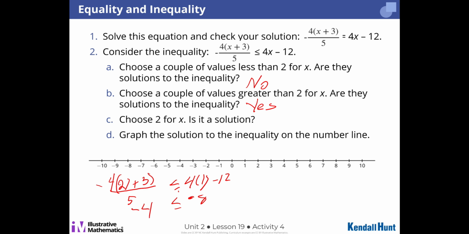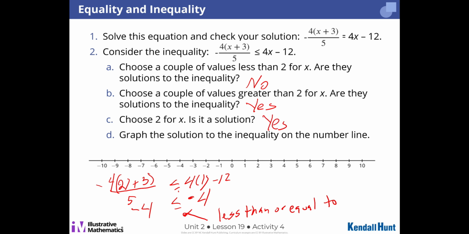And 4 times 2 is 8, 8 minus 12 is negative 4. So this time we have negative 4 is less than or equal to negative 4. This means less than or equal to, so the answer has to be less than or equal to. Negative 4 does equal negative 4. So yes, they're still solutions.